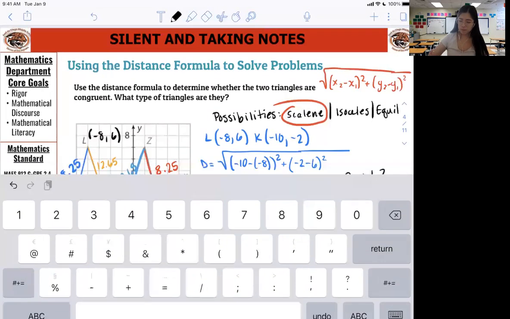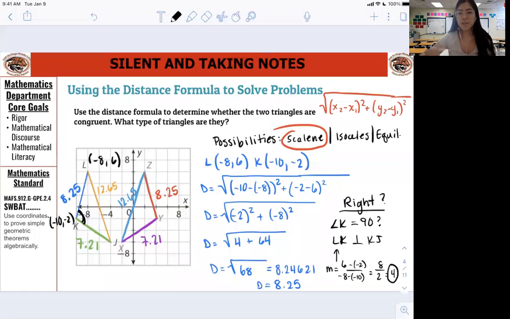Okay. Well, now I need to do the same thing for KJ. Go ahead and on your own, figure out what is the slope of KJ and will that be perpendicular or not?